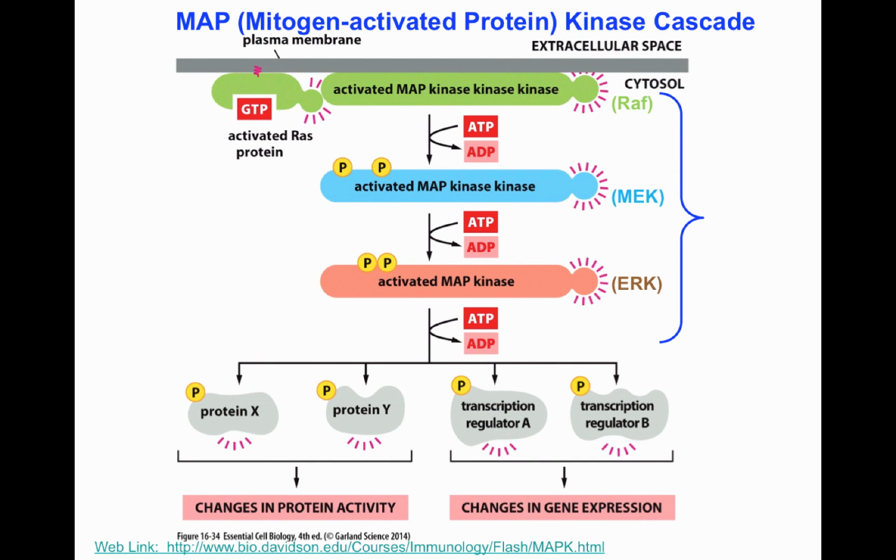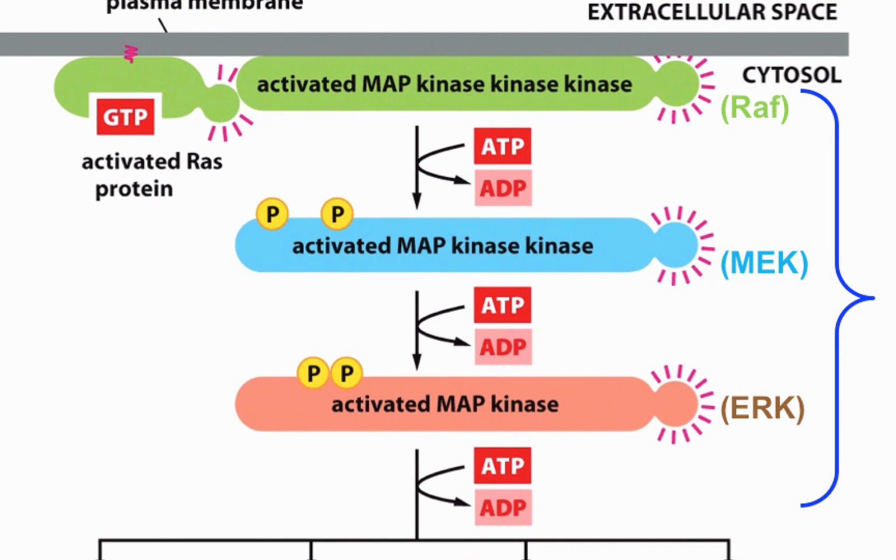Now, one of the pathways that is activated by RAS is the MAP, or mitogen activated protein kinase cascade. And the MAP kinase cascade is a very interesting array because each molecule activated will lead to the activation of a subsequent molecule. So what is shown here is that activated RAS is going to bind and activate what is called the MAP kinase kinase kinase, MKKK.